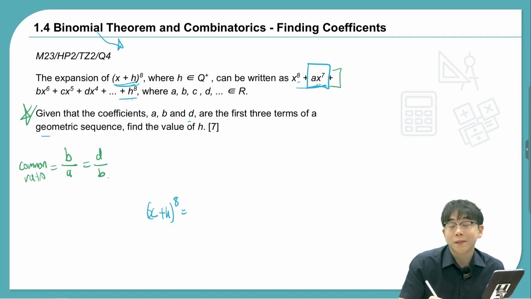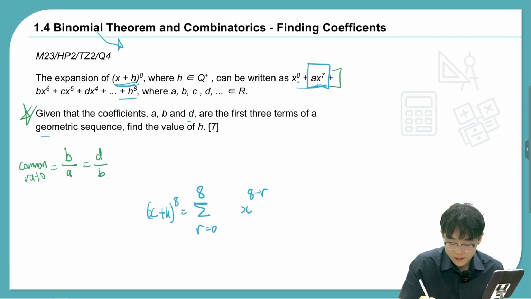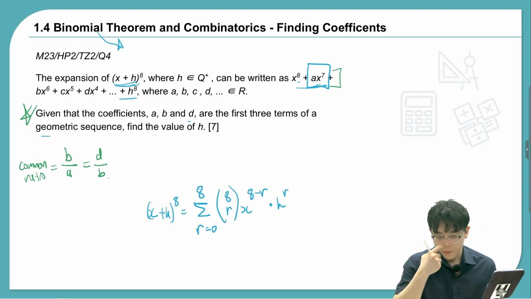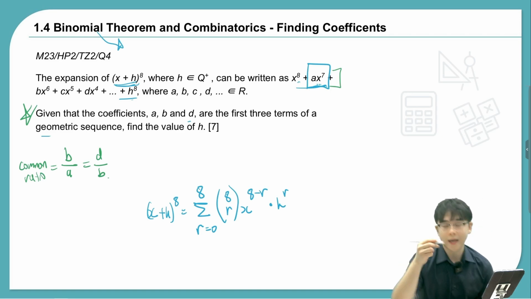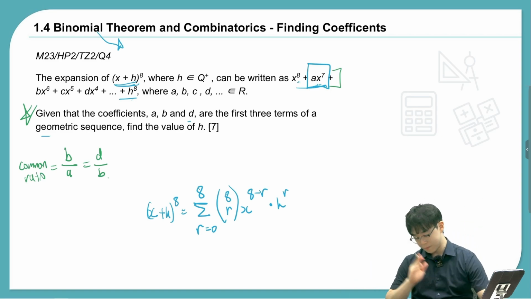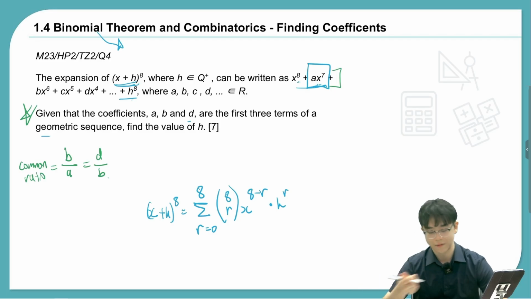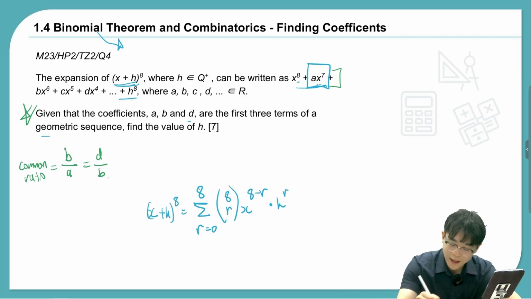Then if you have x plus h to the power of 8, r goes from 0 all the way to 8, and we have x to the power of 8 minus r, h to the power of r, and 8 choose r. So this is the formula we know. r can take any one of the 9 values from 0 to 8, and it would give you all of these matching terms.